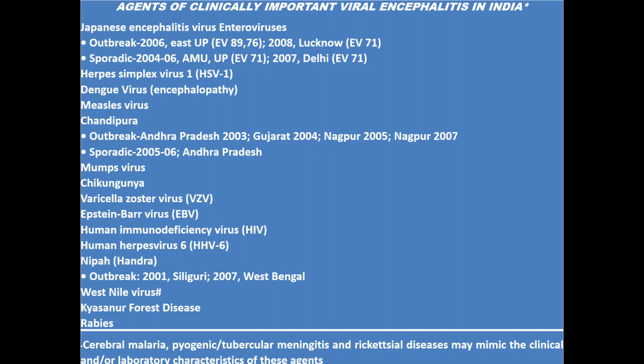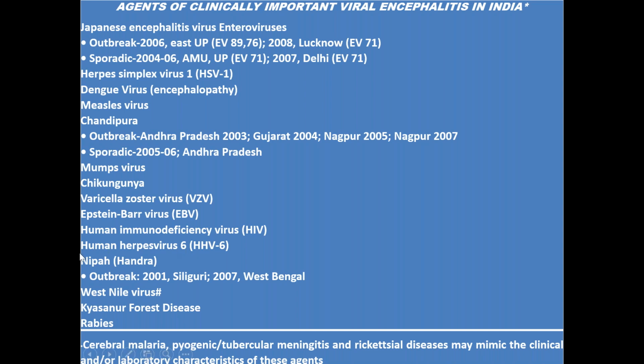This is a very busy slide, but it was only introduced so that you can know what the context in India is. In India, Japanese encephalitis is very common. There were outbreaks in 2006 in eastern UP, in Lucknow, in Delhi. Herpes virus encephalitis is common. Dengue is common. There is Chandipura encephalitis, which was there in 2003, and as recently as 2007.